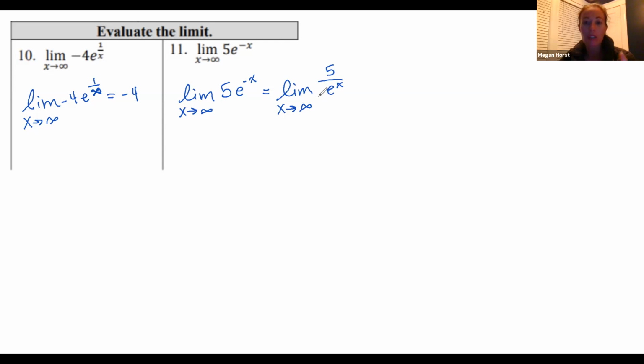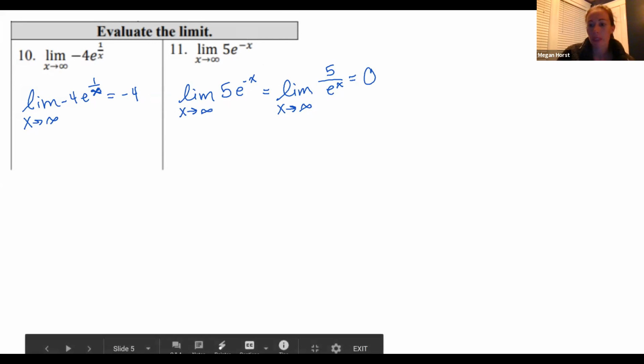It gets to be an extremely large number as x goes to positive infinity. And so we have 5 divided by an insanely large number. And so this one is going to 0. So you really have to analyze each situation on its own because these look like two very similar problems, but they result in two very different answers. There's no one size fits all.